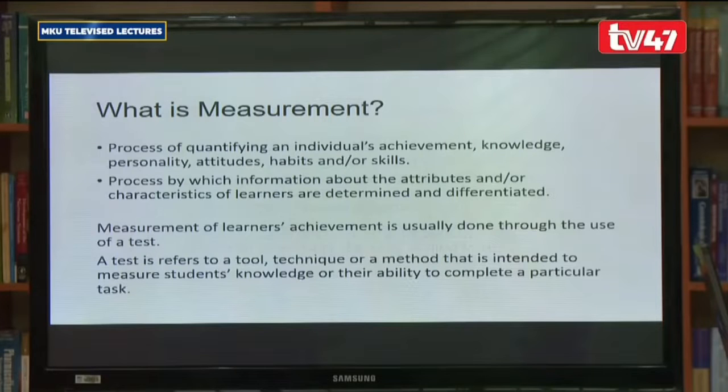It has also been defined as the process by which information about the attributes and/or characteristics of learners are determined and differentiated.